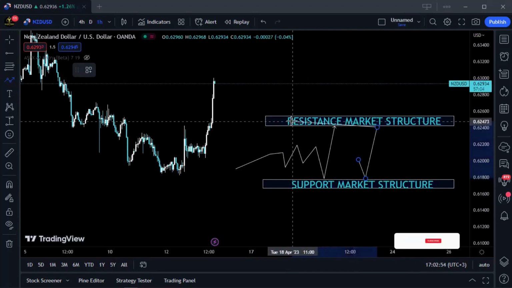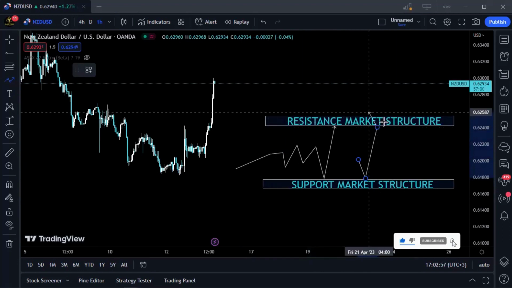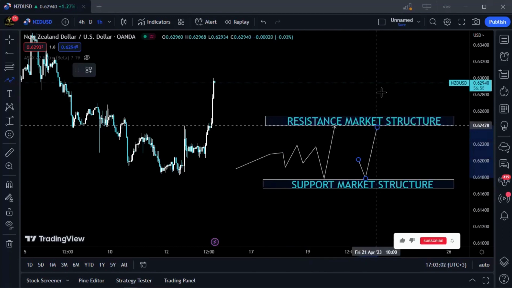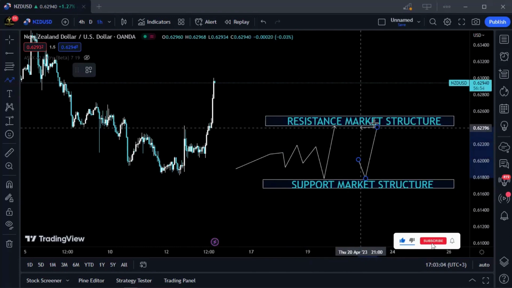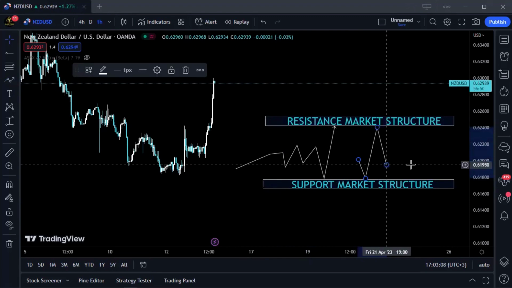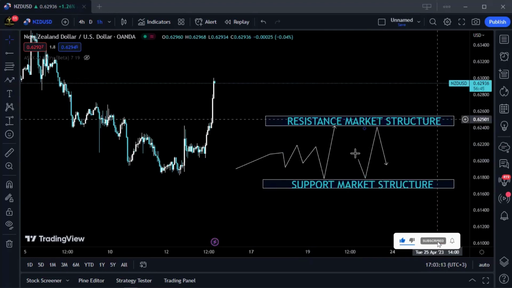On the other side, when prices reach this resistance market structure, they find some difficulty to keep on going higher. That means they're resisted from going any higher. That's why it's called a resistance market structure. And most of the time, prices go lower. So that's the main characteristic of support and resistance market structures.